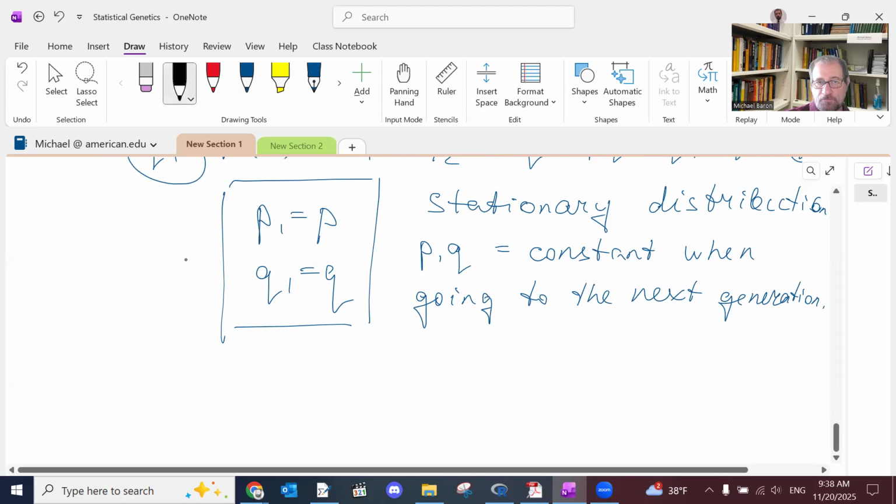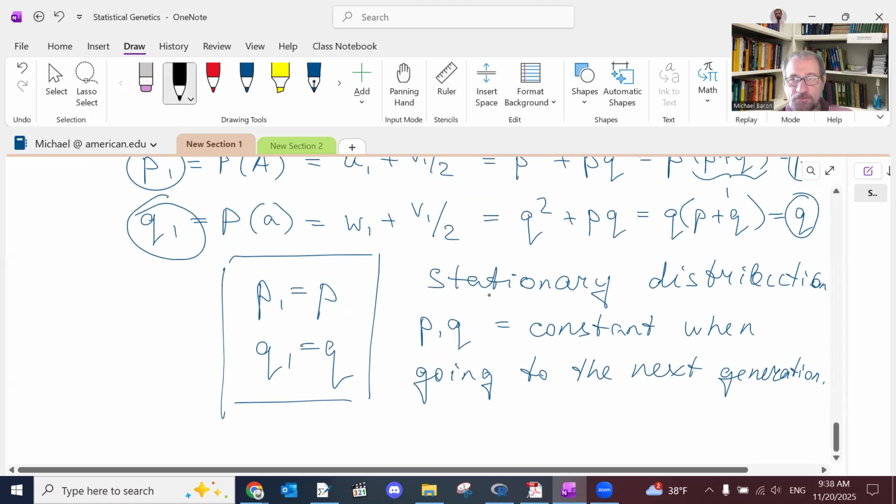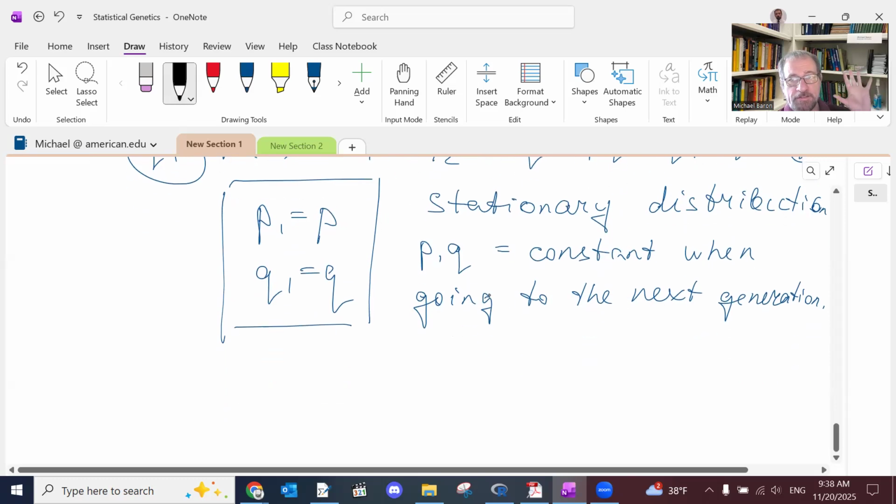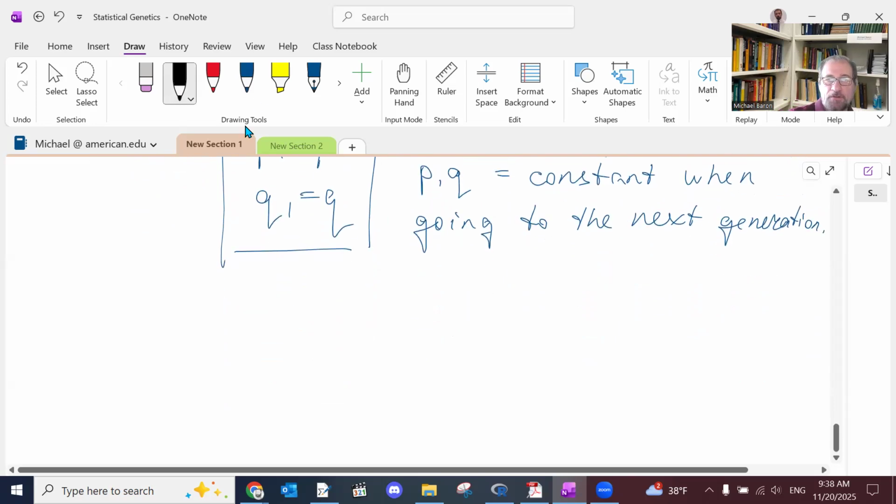And we just proved that we achieve the stationary distribution in one step. So no matter where we start, on the next step we already achieve the stationary distribution.